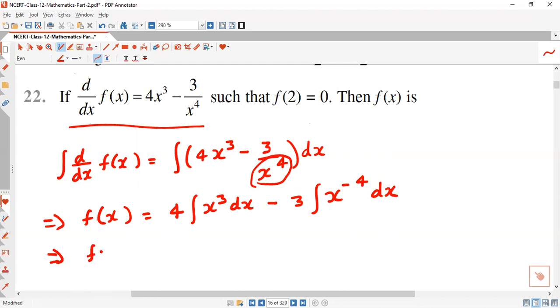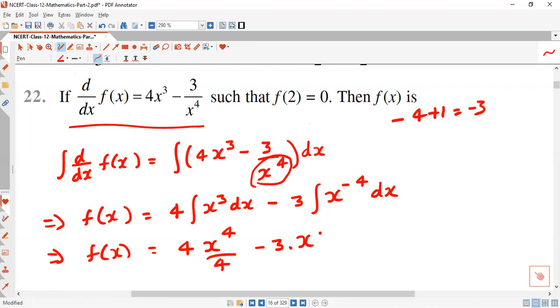Implies that f(x) equals 4 times x raised to 4 upon 4, minus 3 times x raised to, we add 1, minus 4 plus 1 becomes minus 3, divided by minus 3, plus some constant c.